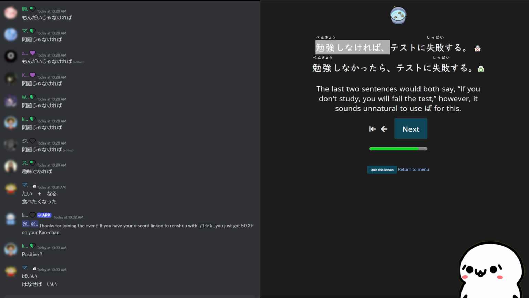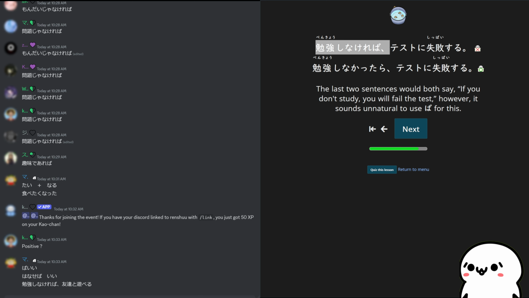So let me give you an example. This would be okay. 勉強しなければ友達と遊べる. If I don't study, I can play with my friends. So we're talking about the positive or negative toning of the second clause, the main clause in the sentence.